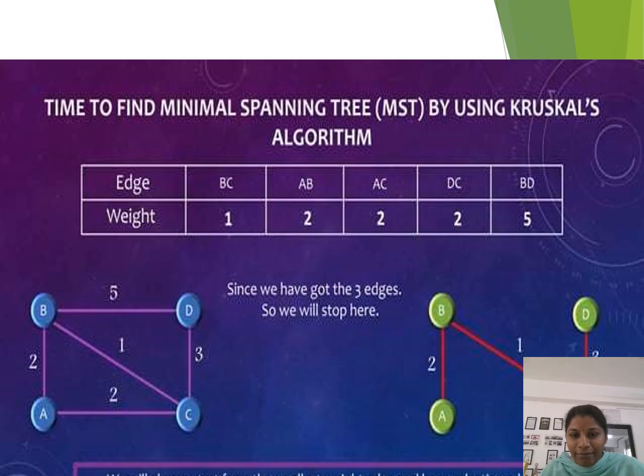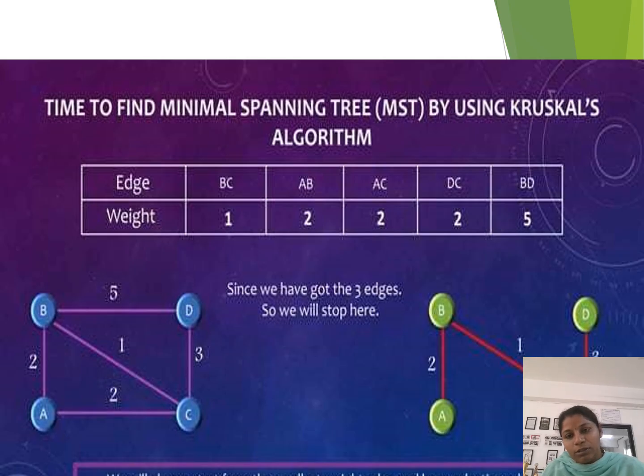Since we have got 3 edges, we are going to stop here, because you have 4 vertices and in a minimal spanning tree there is one formula, V minus 1. So V minus 1 means 4 minus 1, so actually you want to have 3 edges. We have 4 vertices and we have found 3 edges.